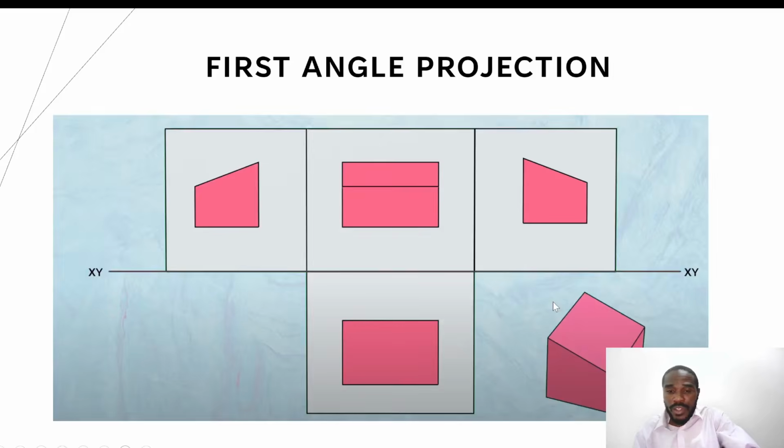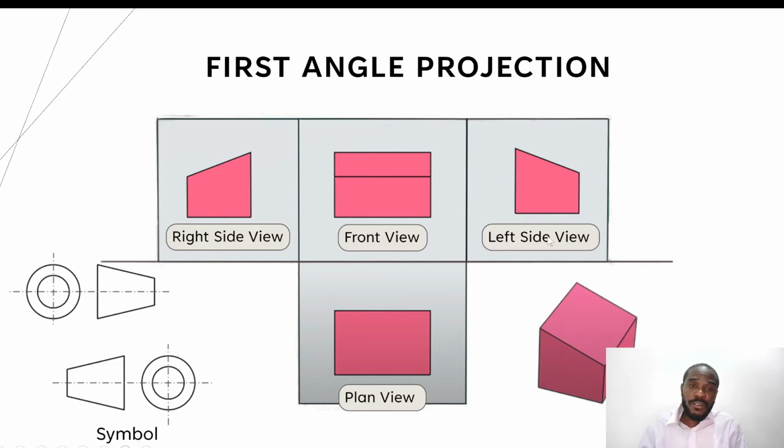And so for first angle projection, your left view of the object is drawn on the right side of the projection drawing, and then the right side of the object is drawn on the left side of the projection drawing.